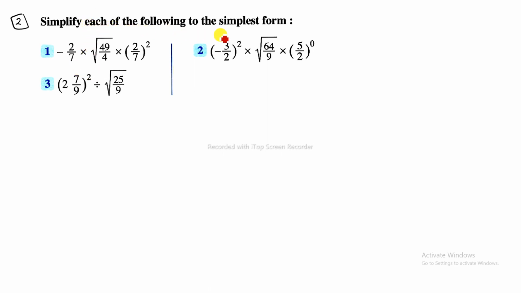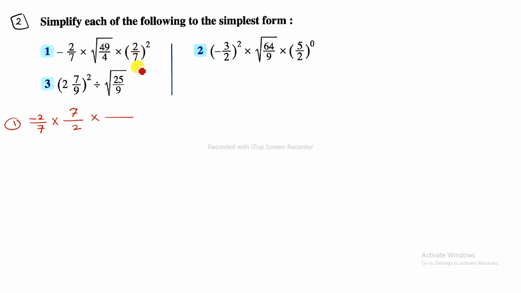Simplify each of the following to the simplest form. Number 1. Negative 2 over 7, it is better to keep the negative on top, times square root 49 over 4. Square root 49 is 7. Square root 4 is 2.